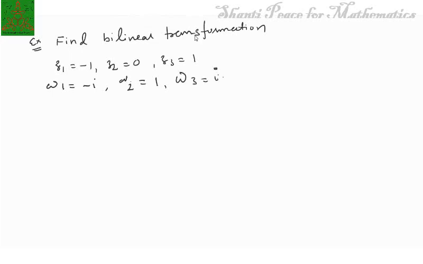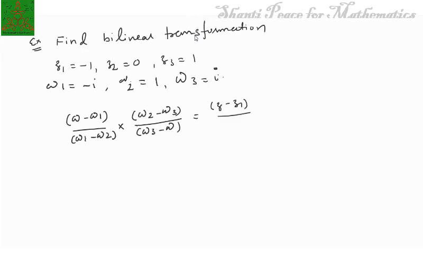So we put these values into the cross ratio: W minus W1 upon W1 minus W2 into W2 minus W3 upon W3 minus W equals Z minus Z1 upon Z1 minus Z2 into Z2 minus Z3 upon Z3 minus Z. Now let us substitute all these W1, W2, W3 values here.